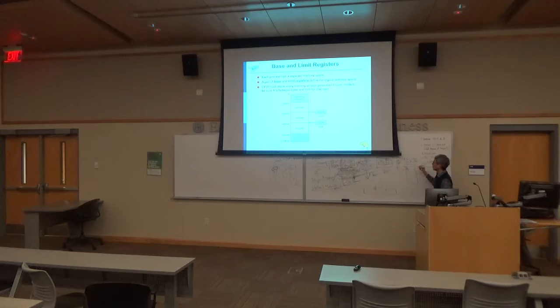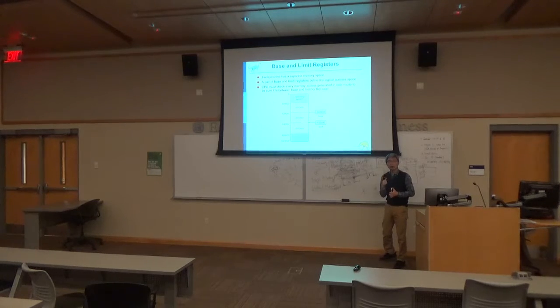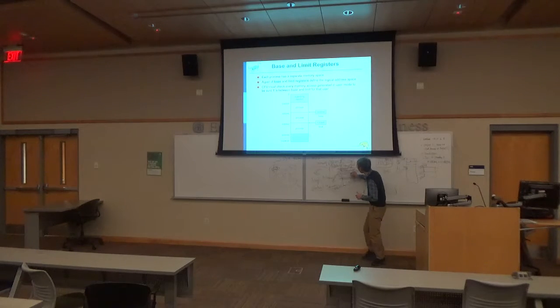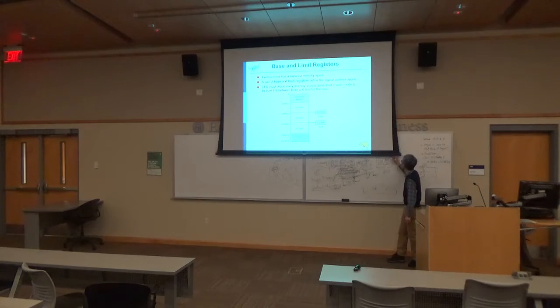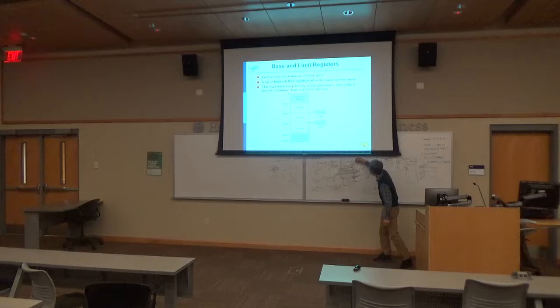Once this one is loaded into memory, we are going to keep two parts. The starting address is called the base address. The other one is the size, which is the limit.